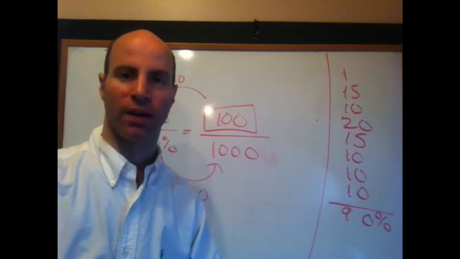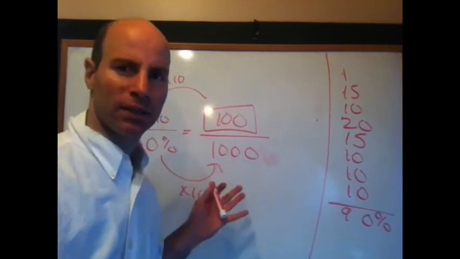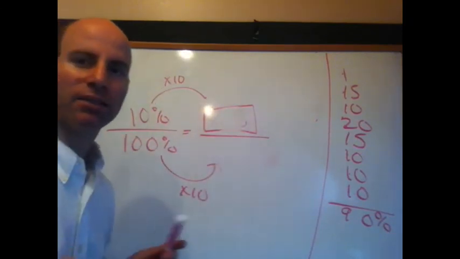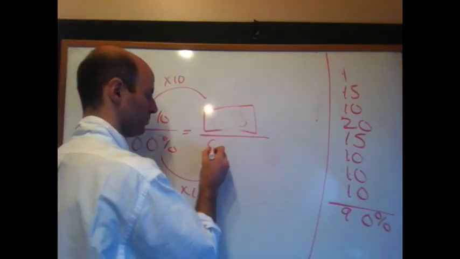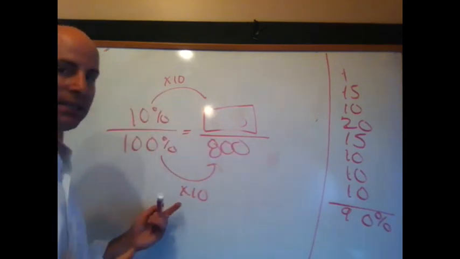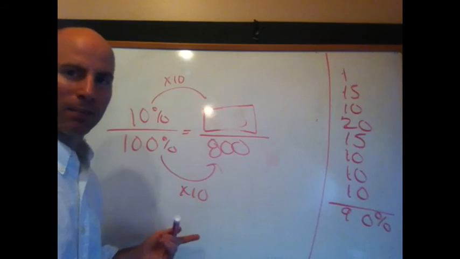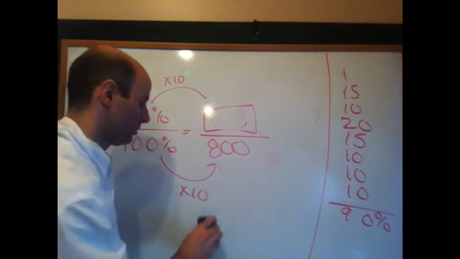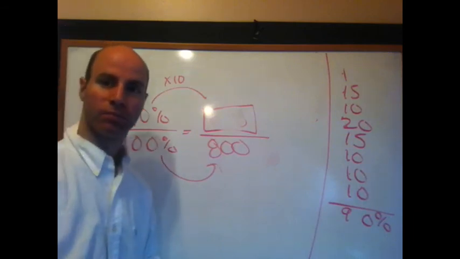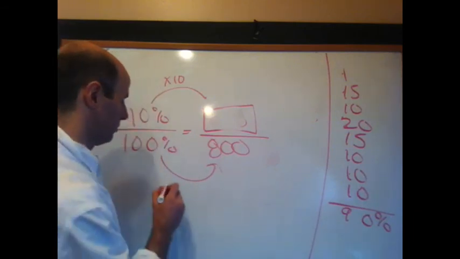classes that were offered. Now let's say this wasn't 1,000. Let's say you had something like, let's say you had 800. Okay, so that's not as easy because I'm not multiplying by 10, but it's not that hard. What do I do? 100 times what gets 800? 100 times 8.